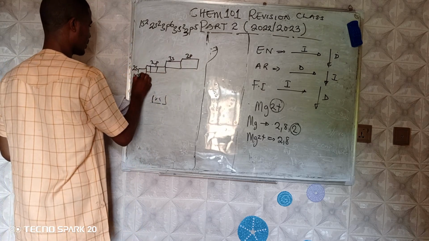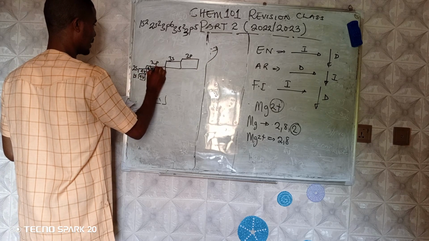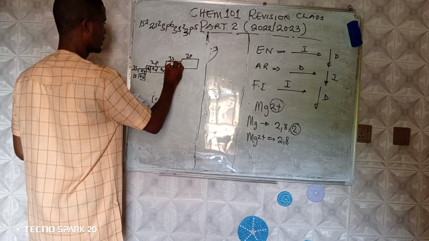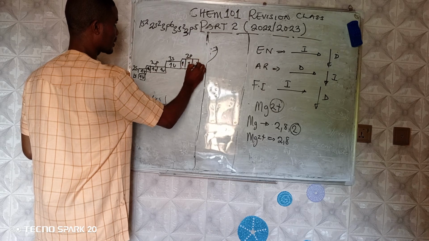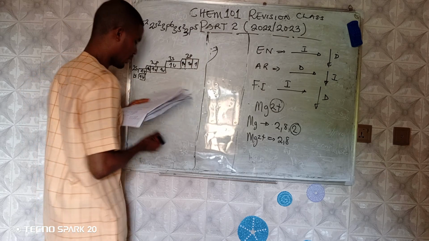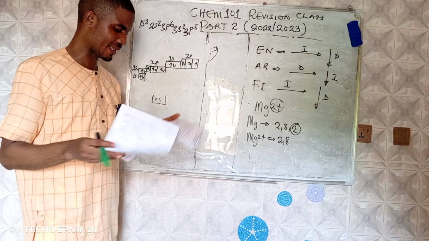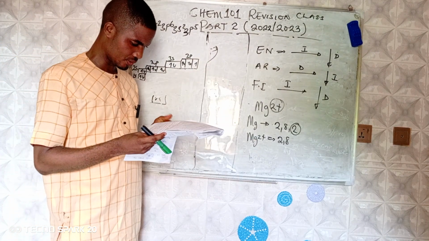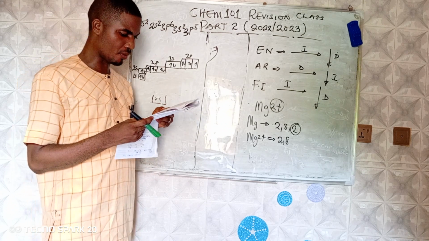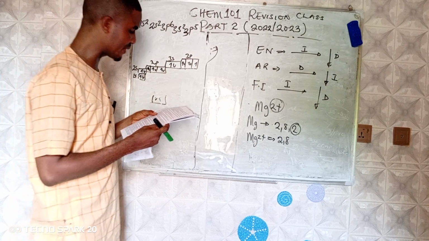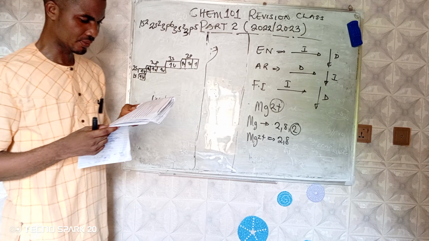This one is filled, this one is filled, completely filled. This one is filled, then 1, 2, 3, 4, 5. One unpaired. So in 3p there is 1 unpaired electron.